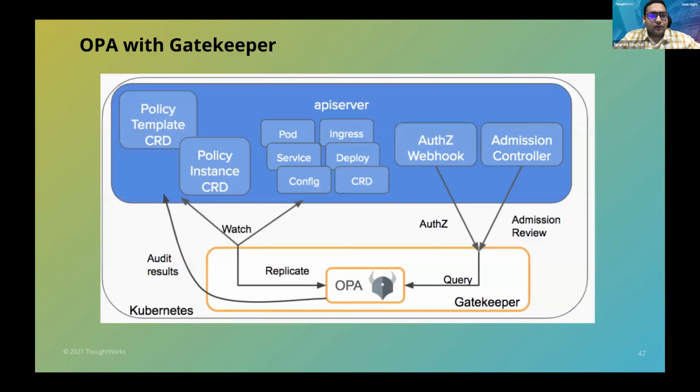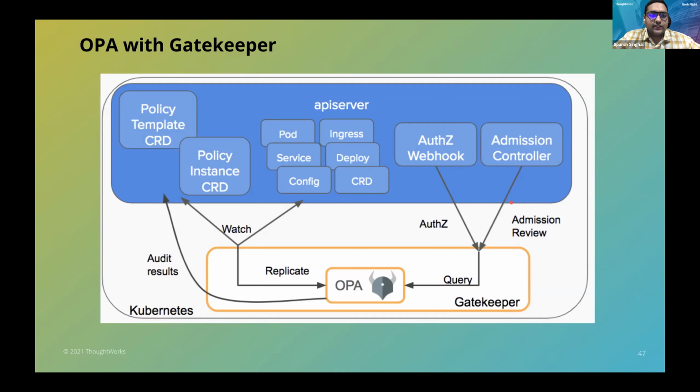But then what Gatekeeper does is something that is built on top of OPA, right? So you have open source Kubernetes, but then you have OpenShift that can do a lot of different things on top of open source Kubernetes. This is the same with OPA and Gatekeeper. Now, Gatekeeper's advantage is it can talk with your OSG webhook and it can also talk with your admission controller. So it can do both things.